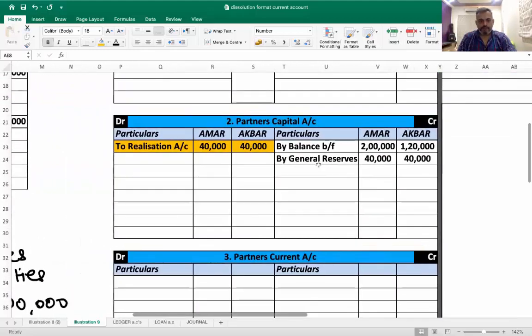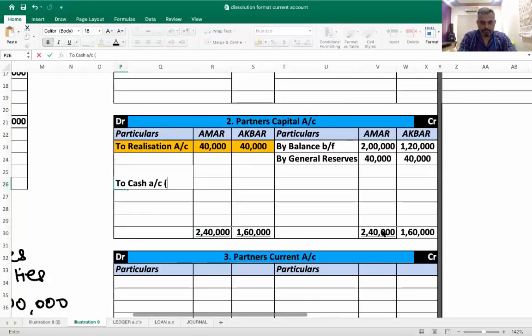Now let's balance the capital accounts. 2,40,000, 1,60,000. Same we write over here. Difference to cash. 2 lakh, 1,20,000.